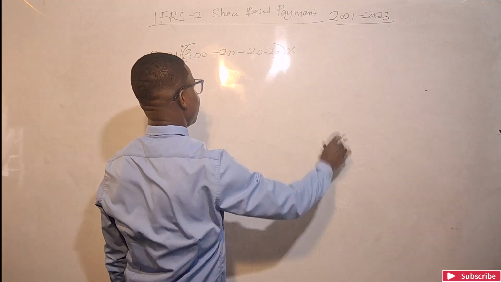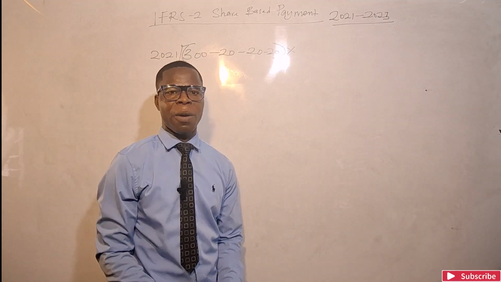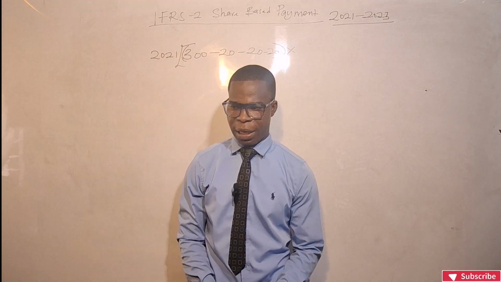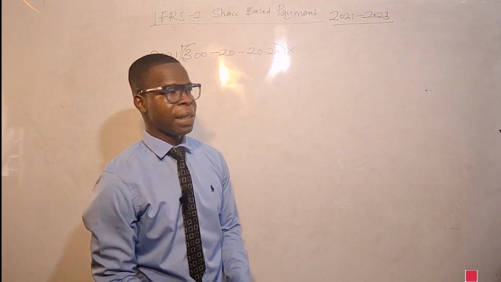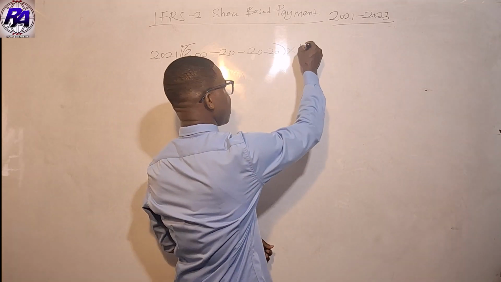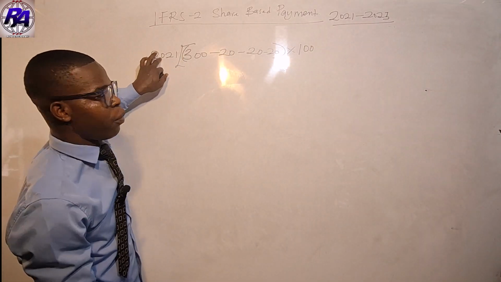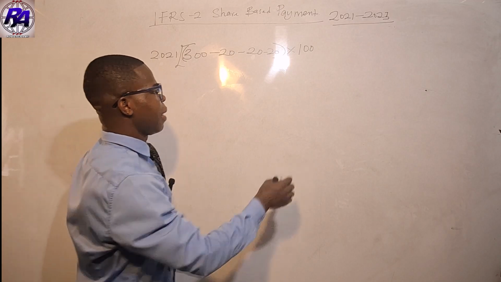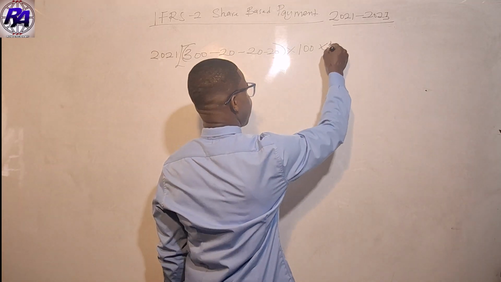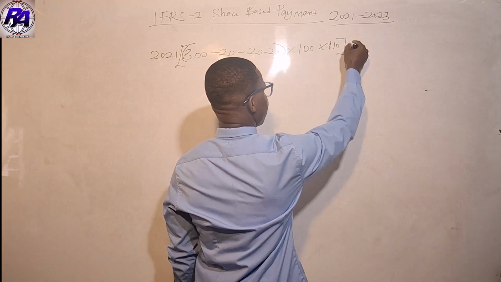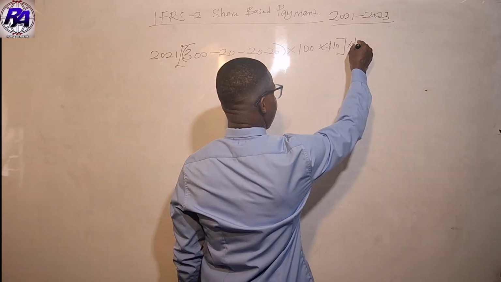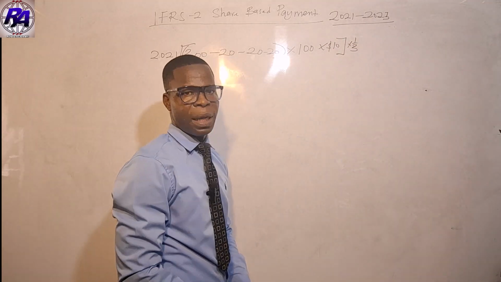Now we multiply this by the number of share appreciation rights, which in the question is 100. Then the fair value of the share appreciation right after 2021 is $10. So we multiply all these by 1/3 because the vesting period is 3 years.